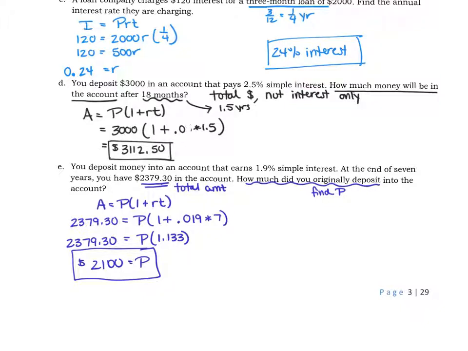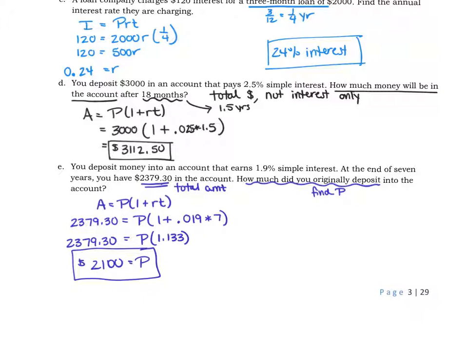This should be 0.025. I forgot my 0 whenever I put that in there. And then a year and a half for the time. Multiplying that together, do insert the parentheses on your calculator. You should get a total of $3,112.50.